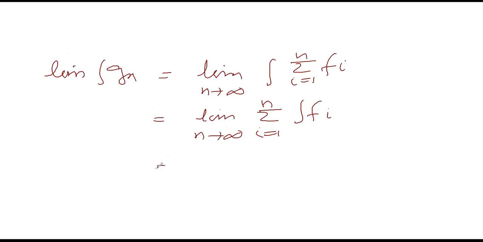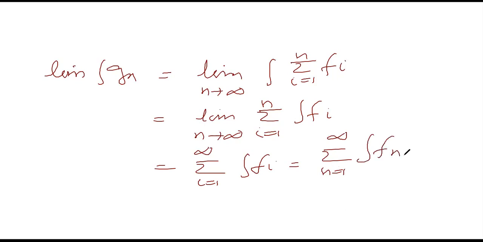This is equal to the summation i runs from 1 to infinity of the integral of f_i, which is finite. So here it satisfies the conditions of the Levi theorem.